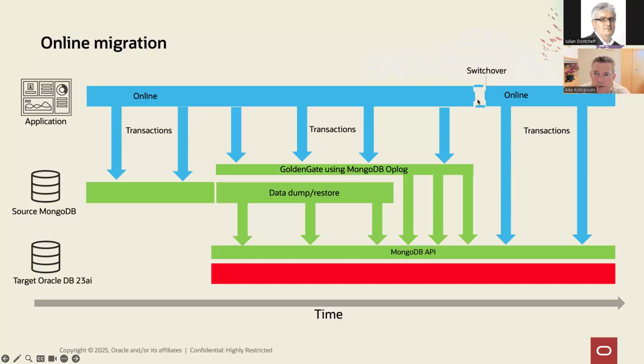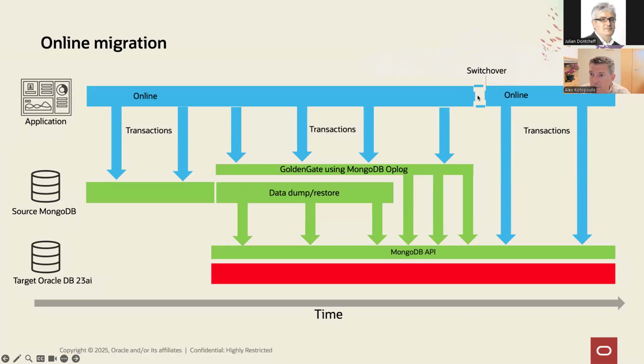So the way that it works is at some point you decide you're ready for switchover. At that point, you need to stop all transactions coming from the application, and you just monitor that the last transaction has been applied. You can see the GoldenGate lag for this to see, okay, we're up to date with transactions, so we're ready to do the switchover.